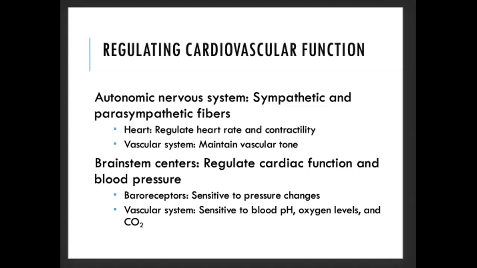So if these chemoreceptors say, hey, we don't have enough blood here, they're going to activate that sympathetic system to say, you need to pump things around quicker. We need to speed up that circulation so that oxygen starts to get carried to more places. So there's a lot of different processes that regulate your cardiac function here.